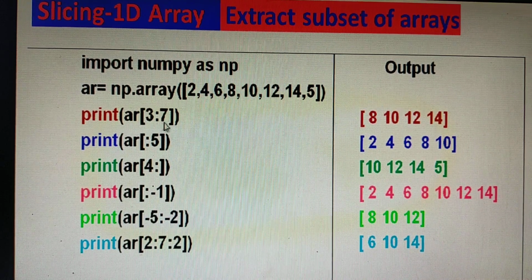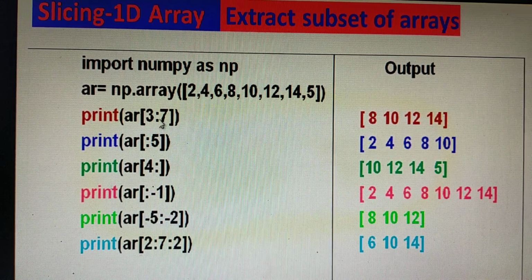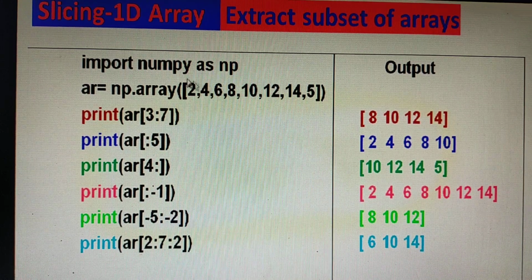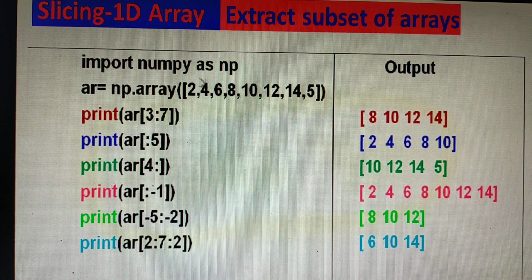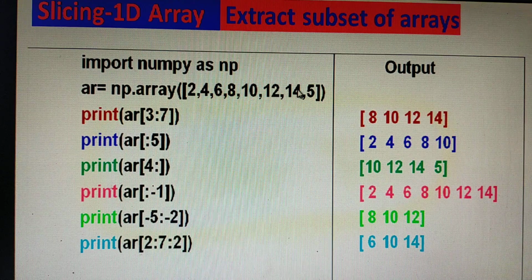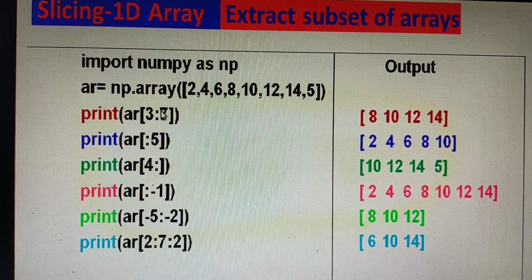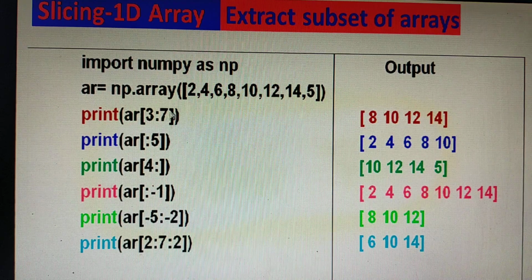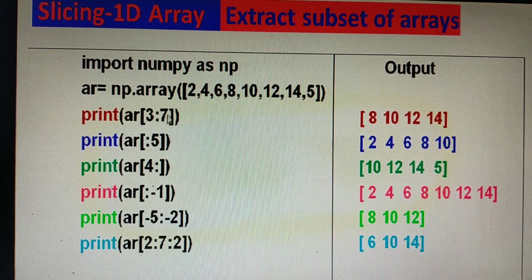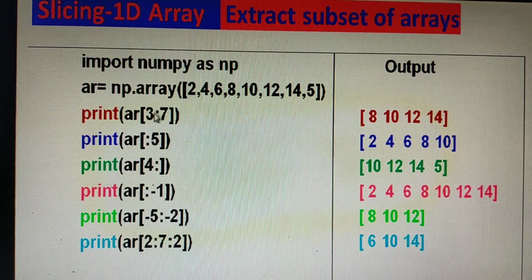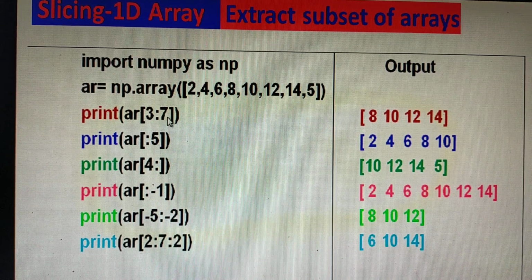From the AR array we have to access from index 3 to 7. You know the last number is not included when we access a range of data from the array, so it will access from index 3 to 6 only.